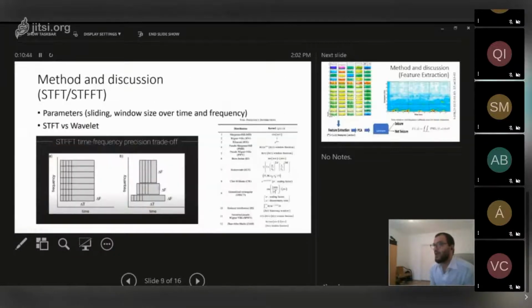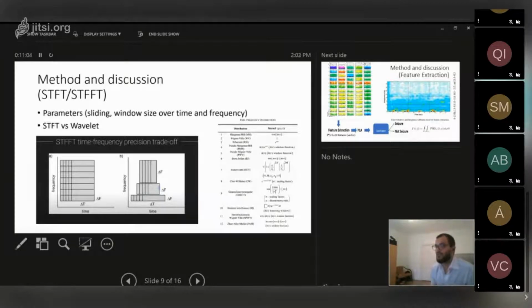But there are also some parameters inside the short Fourier transform we need to consider. First of all is the window size. For window size, we need to consider a trade-off between two things.